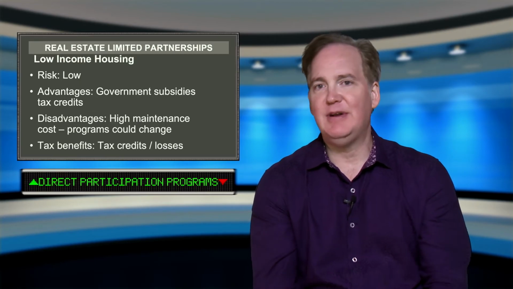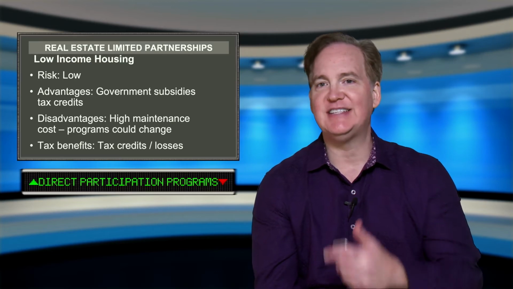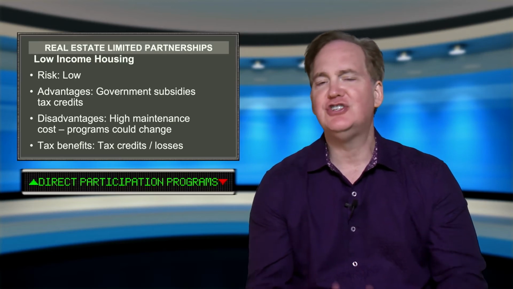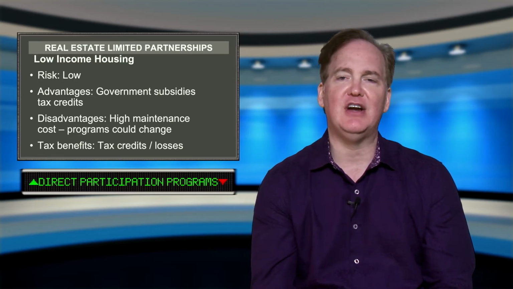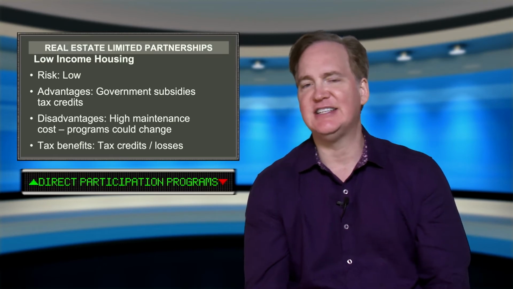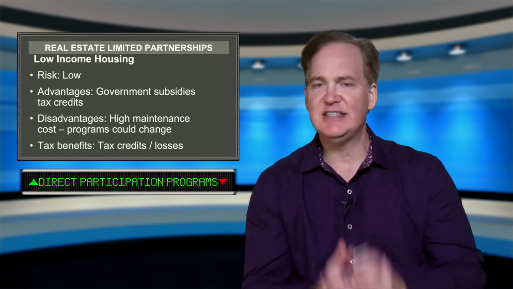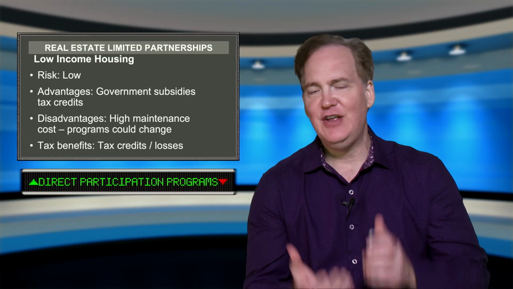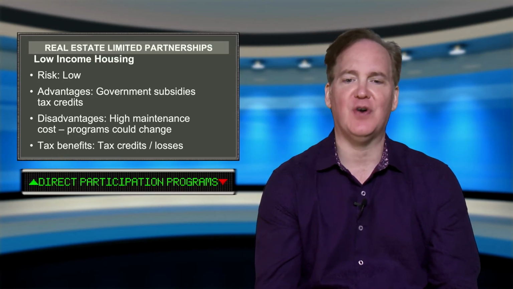A real estate limited partnership could also be formed to invest in low-income housing. There's generally low risk here because the government tends to subsidize these type of projects, and you get a significant amount of tax credits.